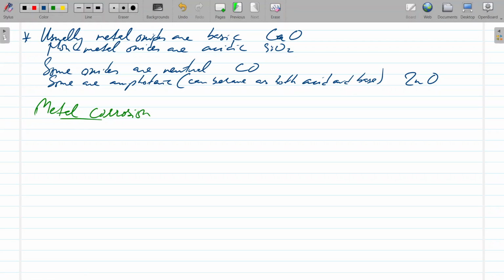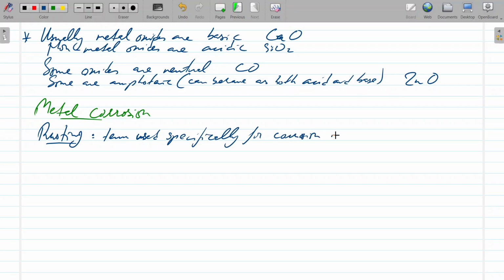Metal corrosion. Right. So we're going to talk about rusting. Rusting is a term used specifically for the corrosion of iron. And for iron to corrode, it needs to be exposed to oxygen and water both.